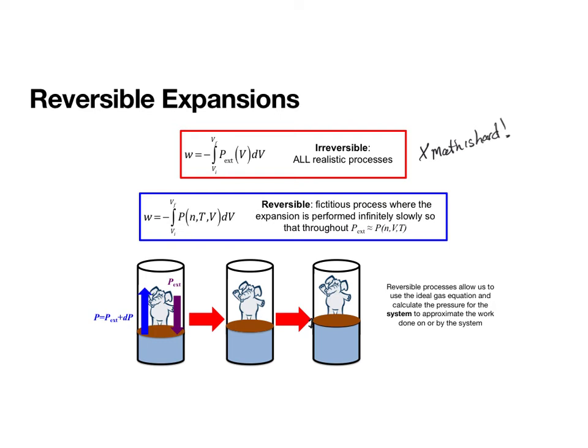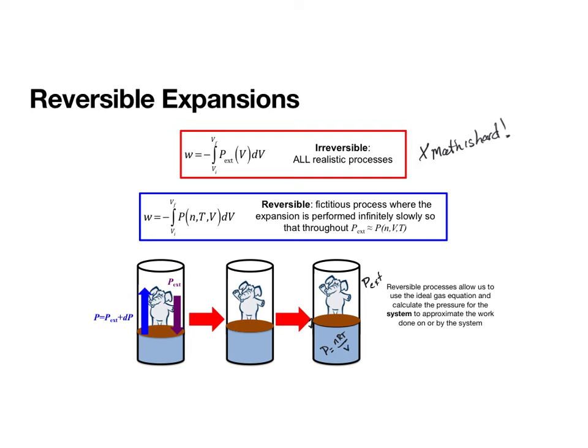And so that means that to find this P external, which figuring out how much pressure comes from our elephant is rather tough. But figuring out our pressure in here, in our system, is not so bad because we can use the ideal gas law.